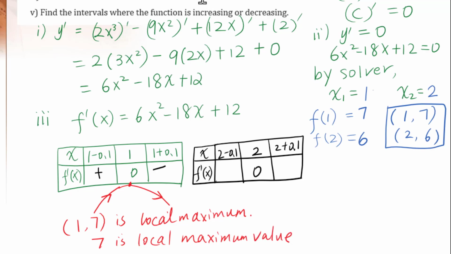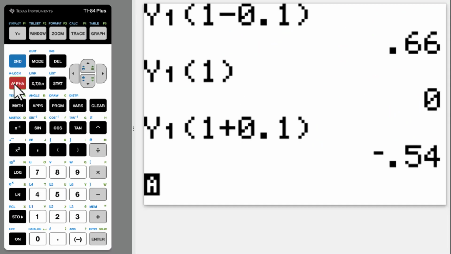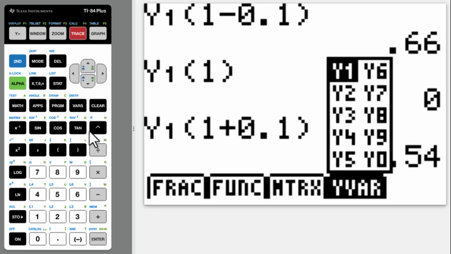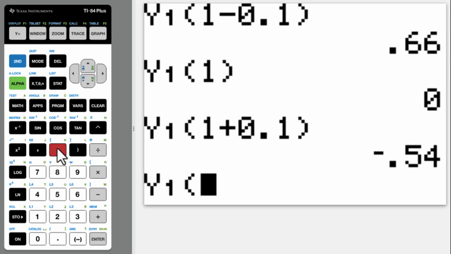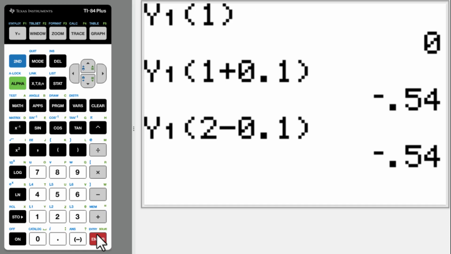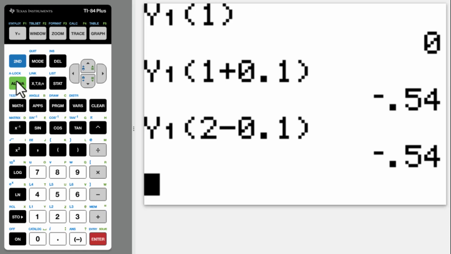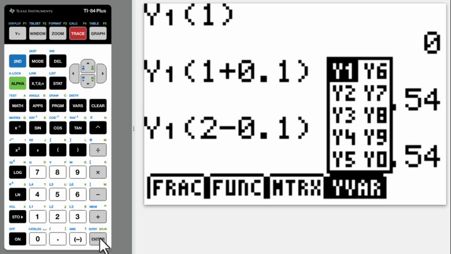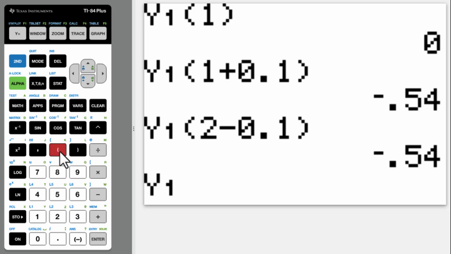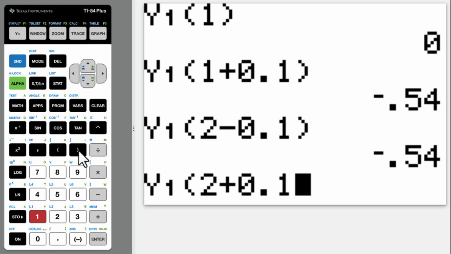Let's check the point 2, 6. Alpha trace y1, 2 minus 0.1. Enter. Negative. Alpha trace y1, parentheses 2 plus 0.1.